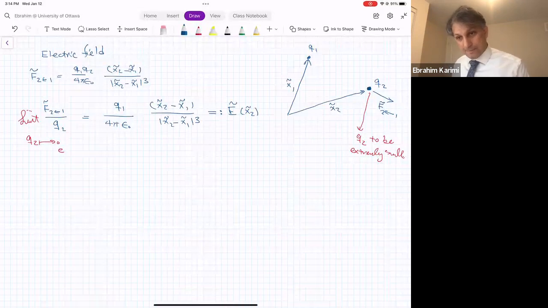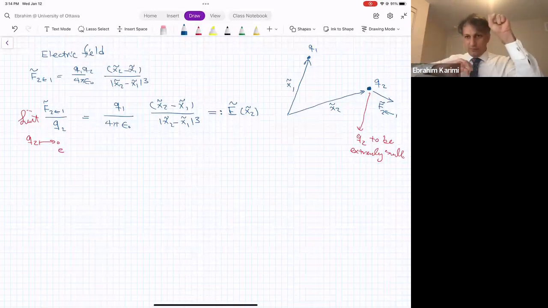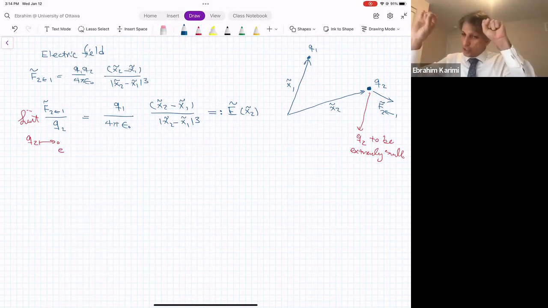Okay? So if you want to look at the intuition of what is happening, I put a charge here. The charge changes the environment around itself and induces some physical property such that when I place any charges there, it sees the effect of charge Q1. And that property, I will call the electric field.